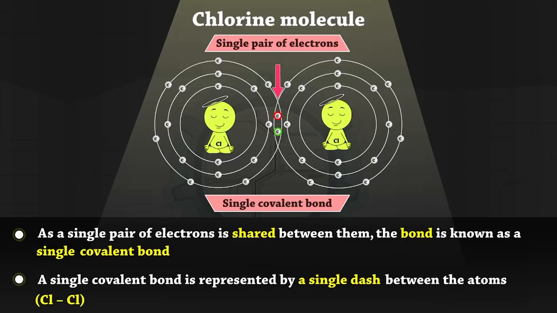Right under where it says note, a full valence shell containing 8 electrons is called a complete octet.